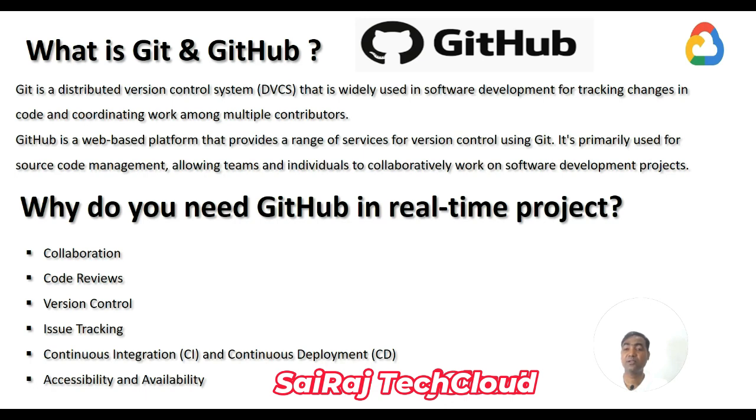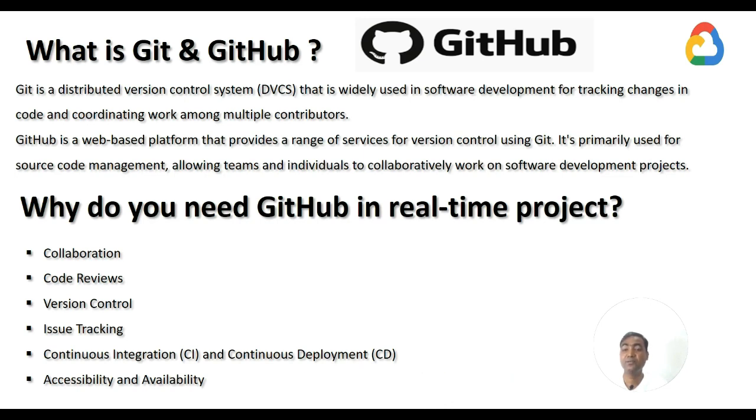Continuous integration and continuous deployment: GitHub integrates with various CI/CD tools, allowing automated testing and deployment. This helps maintain code quality and streamline the release process.